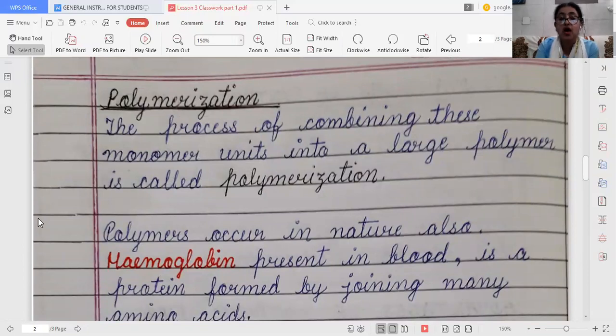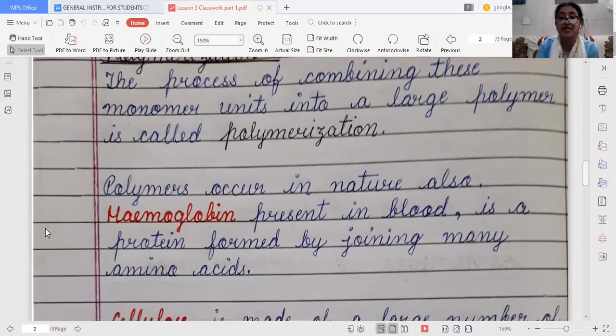So these are the three new terms: monomer, small repeating units; polymer, small repeating units combined together to form one polymer; polymerization, the process of combining these monomer units to form one polymer.